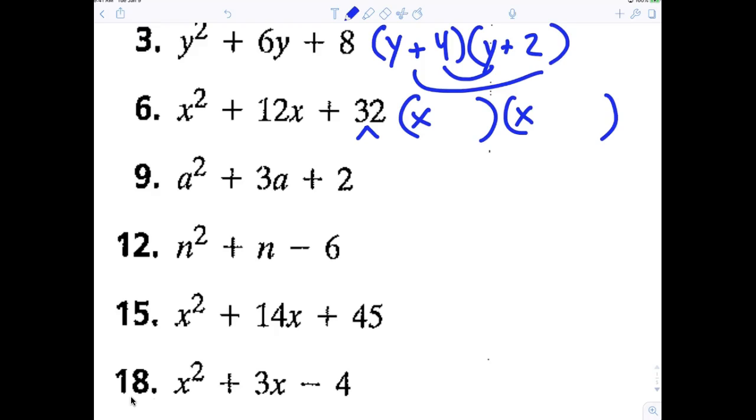What else? 2 and 16. No good. Nope. He's going to do it. Everybody's going to wiggle a little bit today. What is it? Oh, yeah, 8 and 4. Right? So now we put 8 and 4 down, and now you have to tell me what signs are they.